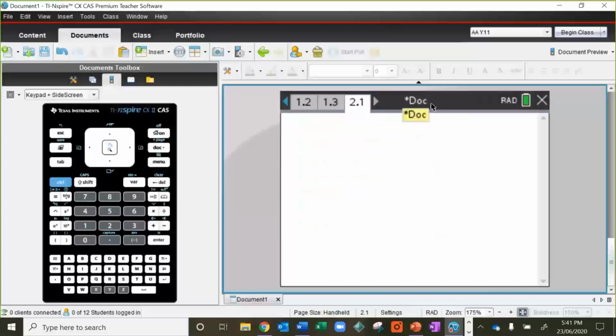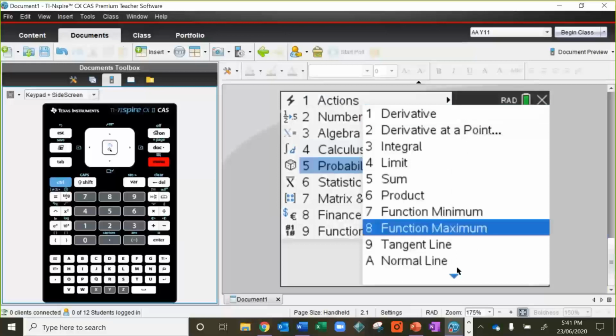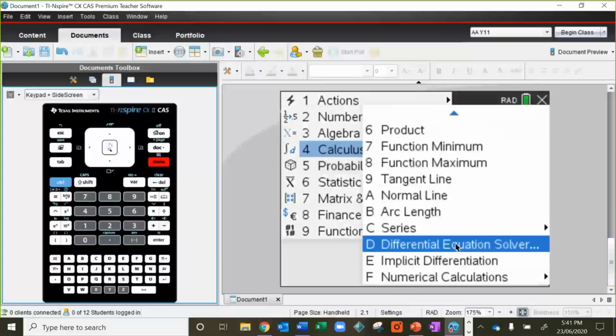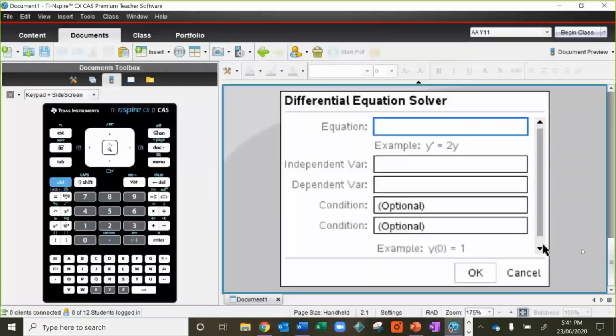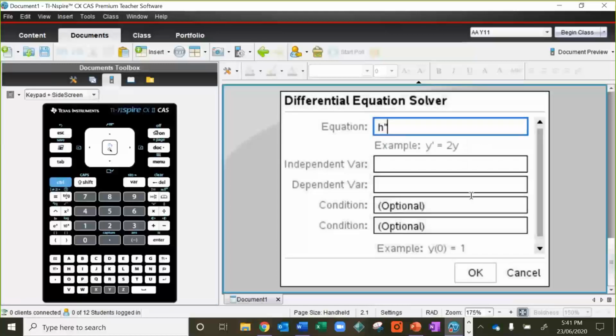On the calculator, this time I will call it h going up. If I go to calculus again and use the differential equation solver, I will have h'' for the acceleration in the vertical direction.